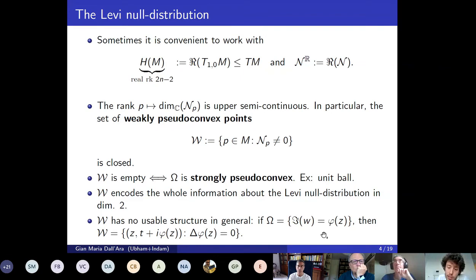Pseudoconvexity corresponds just to the condition that this function of Z is subharmonic. And so the set of weakly pseudoconvex points will be, since the Levi form can be identified with the Laplacian of phi in appropriate coordinates, just the points where the Laplacian vanishes. But the Laplacian of a smooth function is an arbitrary function in two complex variables. At least locally, its zero set can be an arbitrary compact set. So this shows you how weird the set of weakly pseudoconvex points can be.